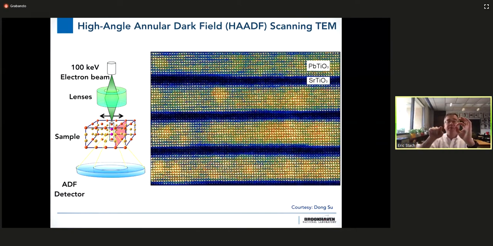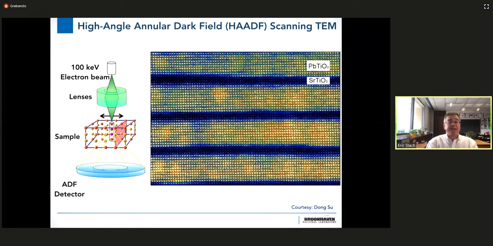We go further, we see another atomic column, boom, scatter to high angle, and so forth. And because our probe is so small, we can just scan back and forth and hit atoms, go in between atoms, hit atoms, go in between atoms, and we'll form an atomic resolution image this way.